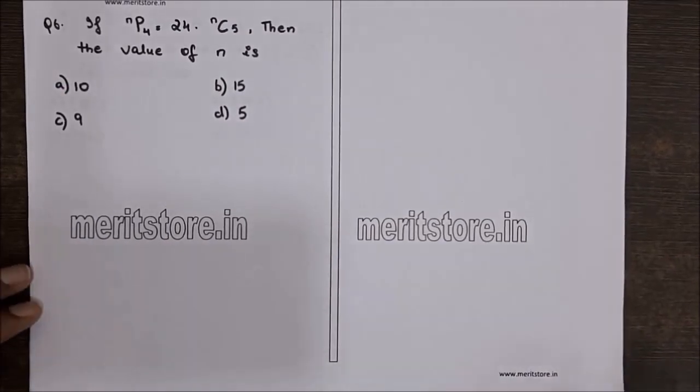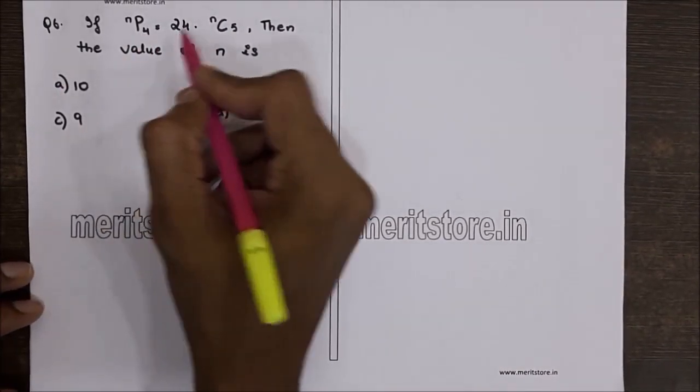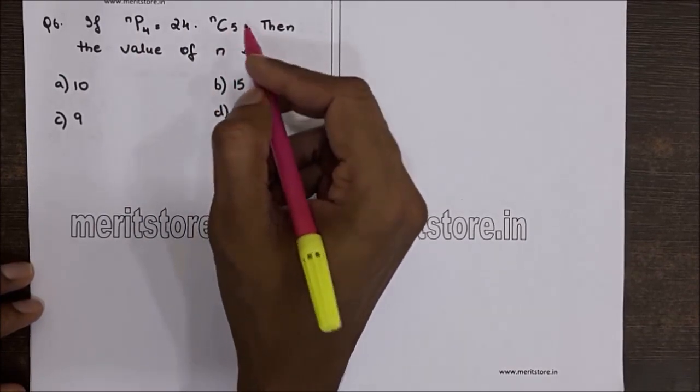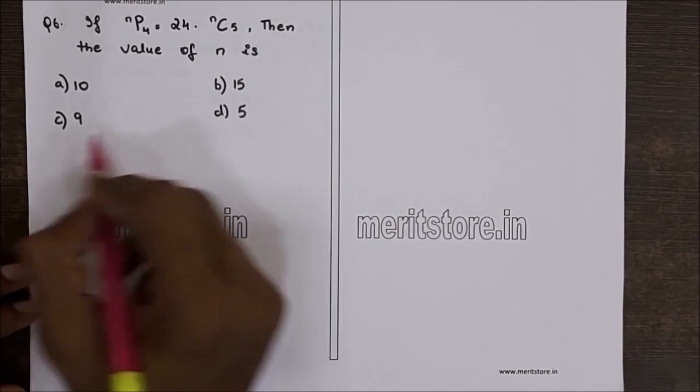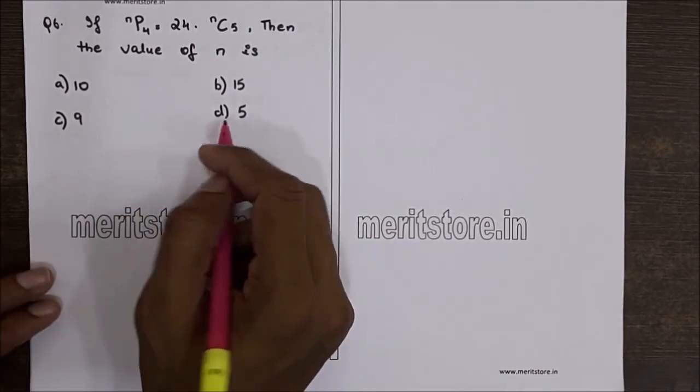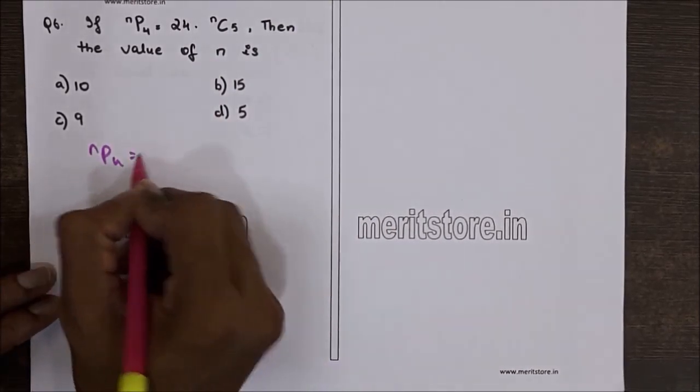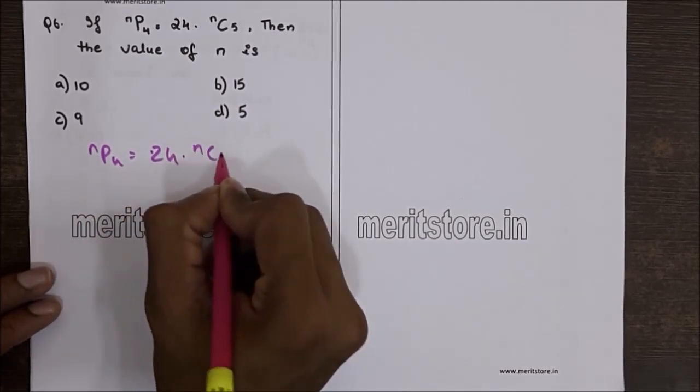Question 6. If nP4 is equal to 24 into nC5, then the value of n is, we have four options: A 10, B 15, C 9 and D 5. Given nP4 equal to 24 of nC5.